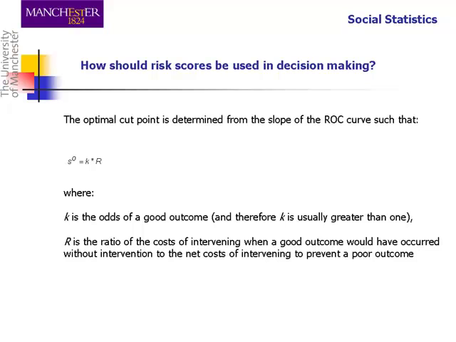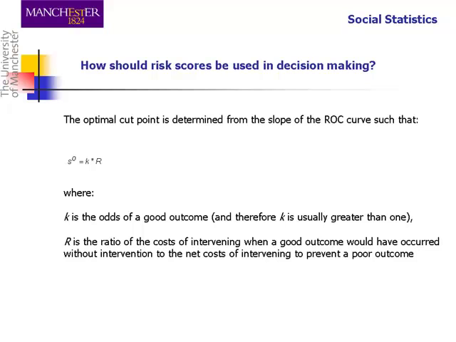And the optimal cutoff point is actually related to the slope of the receiver operating characteristic curve. And it turns out to be k times this value of R. So that's the optimum value of the slope. And k is the odds of a good outcome.